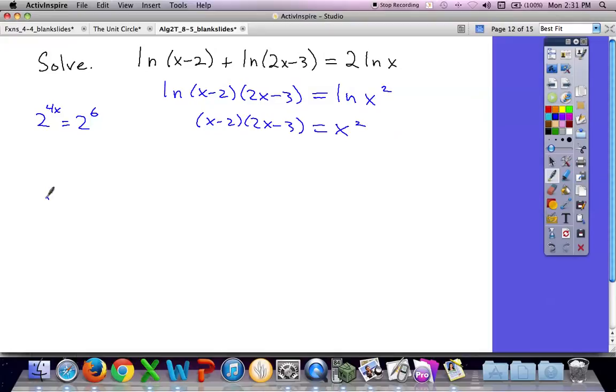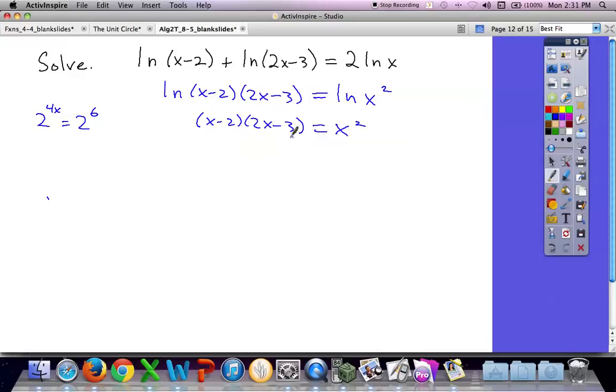Now what kind of equation does it look like we have here? It's a quadratic, right? So we need to solve this like we solve quadratics, which is generally, first get it in standard form equals 0.